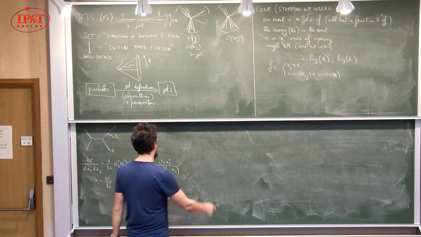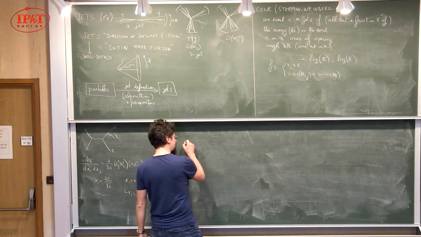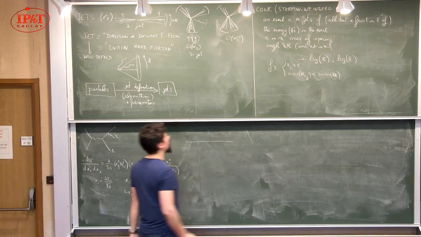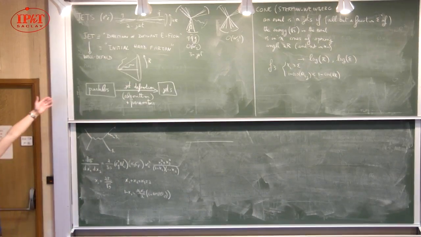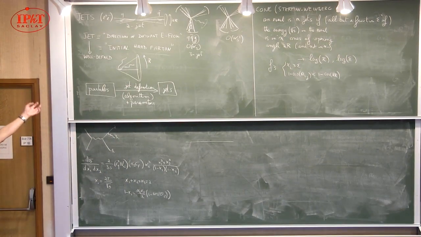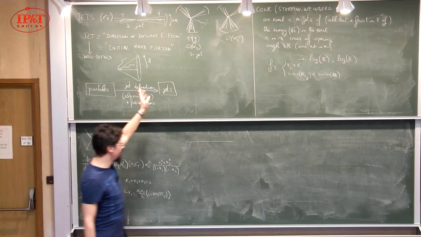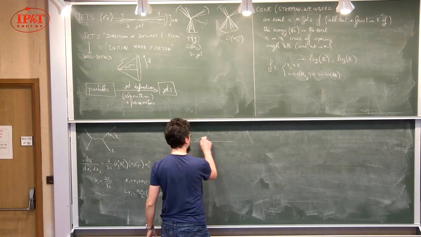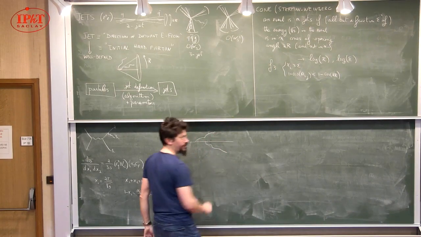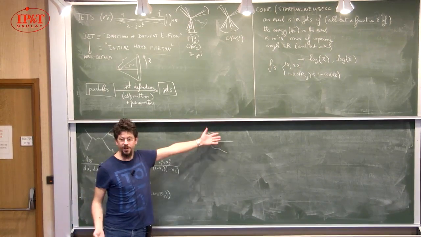The idea behind this is to say, look, we have a picture of how these jets are built. These jets are built from radiation which is going to be collinear to an incoming hard guy.